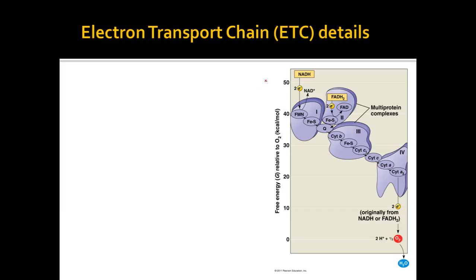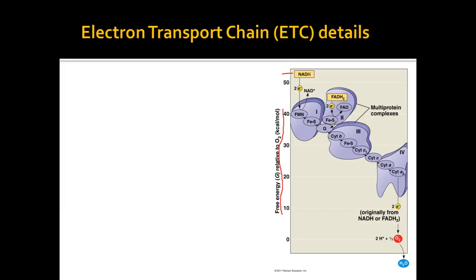Okay, so the electron transport chain. If you, in a minute, just pause this and try to read this diagram, it says free energy relative to oxygen, the oxygen in O2. And so what it's saying here is if we compare the amount of energy that's available in each of these products, you'll see we start out really high here with NADH.